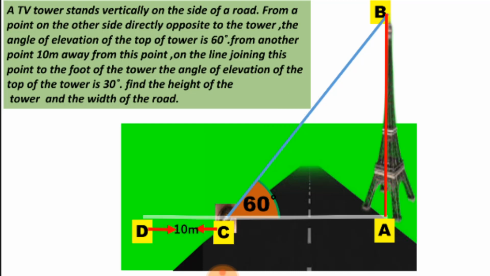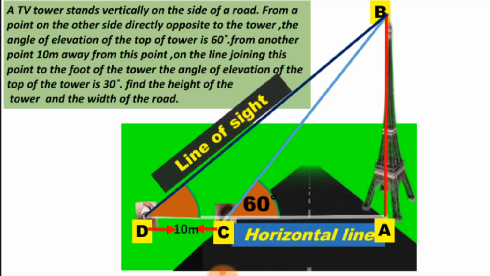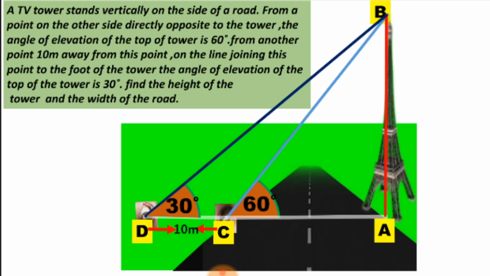Next, the observer moves 10 meters away from point C, and from there he is observing the top of the cell tower again. Let us assume this next point as D. From this point he observes the top of the cell tower with an angle of elevation of 30 degrees.